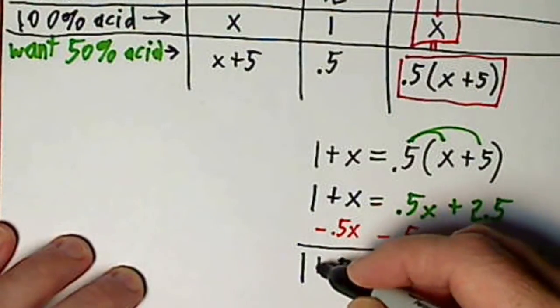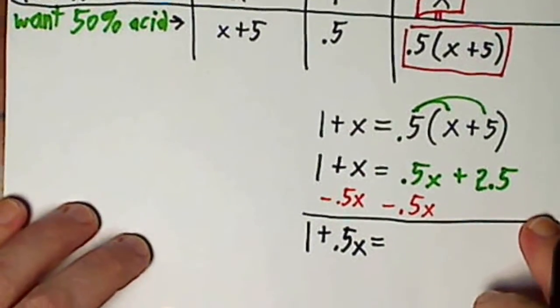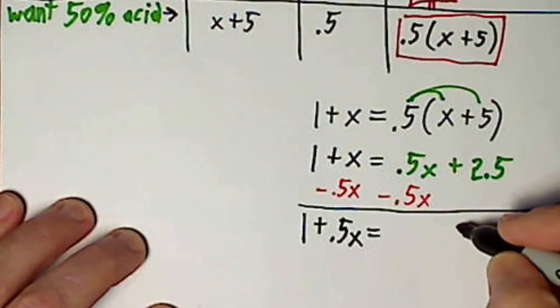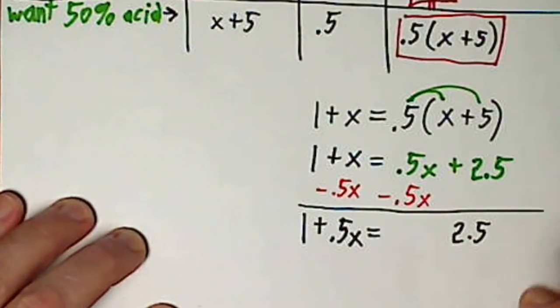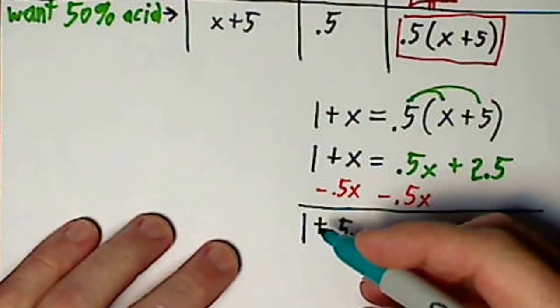All right. Let's bring down our 1. Don't forget this is positive. Slide up a little more. That's a 0, and we have positive 2.5. Let's get rid of our 1.